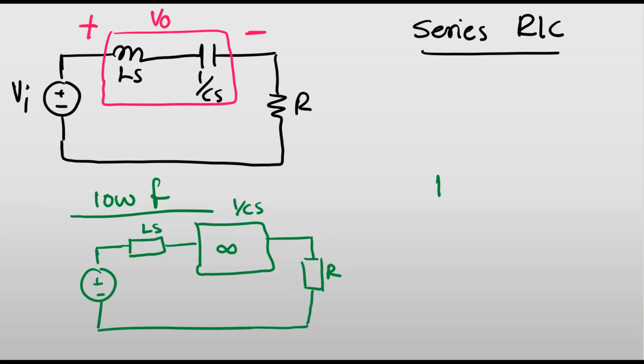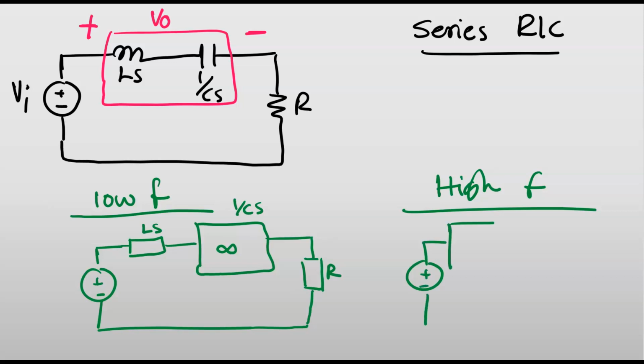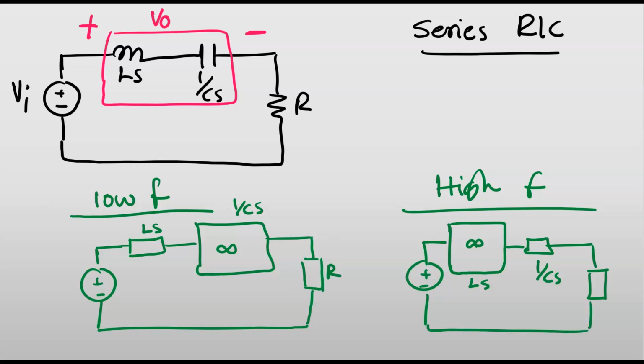And then in high frequency, this time the impedance of my inductor is huge and the capacitor has a very small impedance. Same for the resistor, if I want to compare that with my inductor impedance.